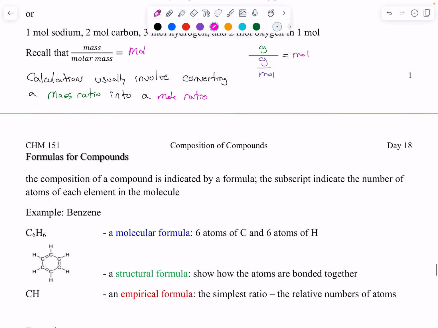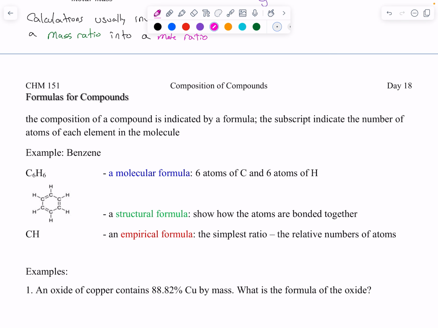Now, the formulas. We covered this, but we're going to dive in again. The molecular formula is the actual formula of a molecule. In this case, benzene, C6H6. The structural formula, coming up soon but not yet, is how they're put together. That shows the bonds.